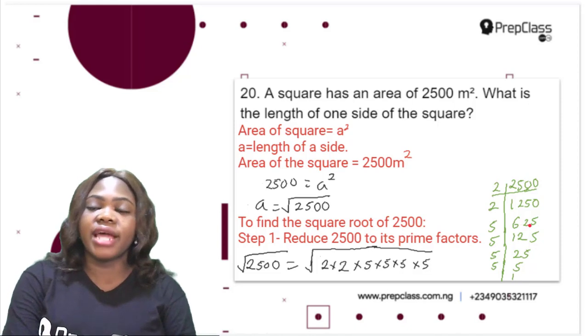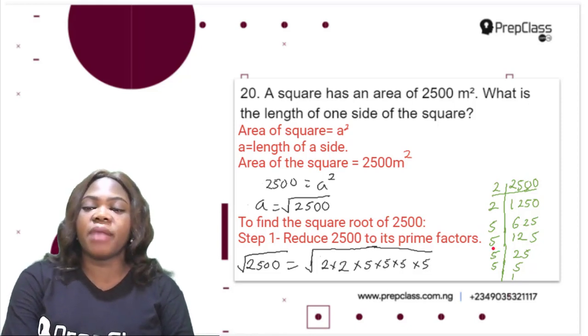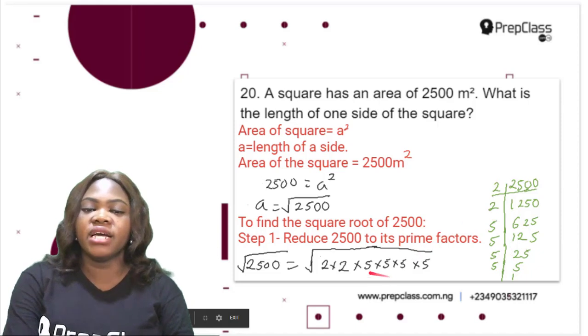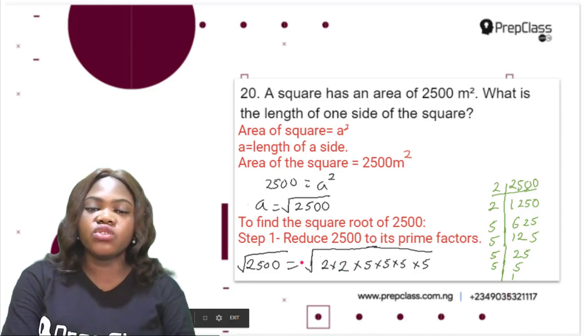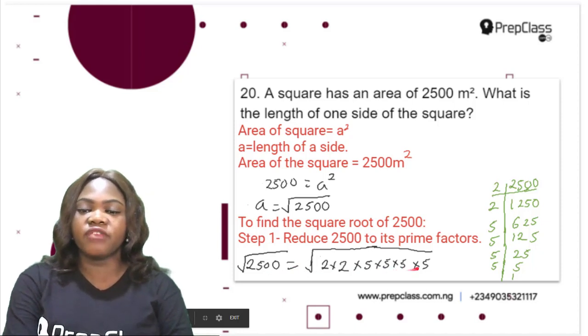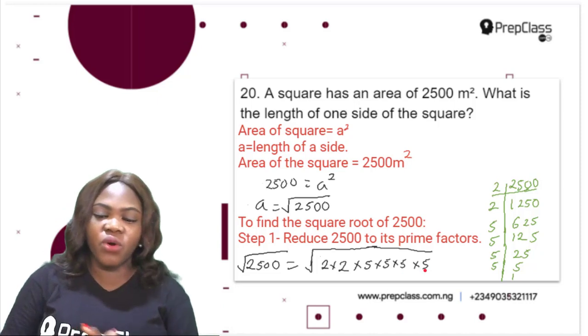So 625 divided by 5 is 125. 125 divided by 5 is 25. 25 divided by 5 is 5. 5 divided by 5 is 1. So we now have the prime factors of 2,500 as 2 times 2 times 5 times 5 times 5 times 5. These are the prime factors of 2,500.